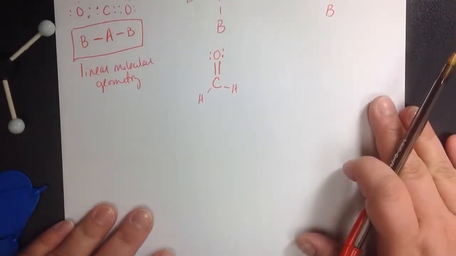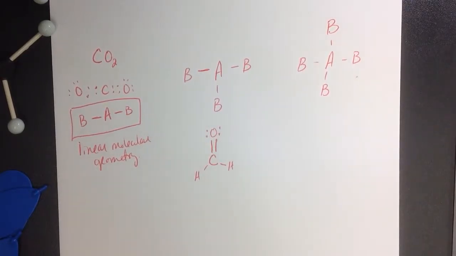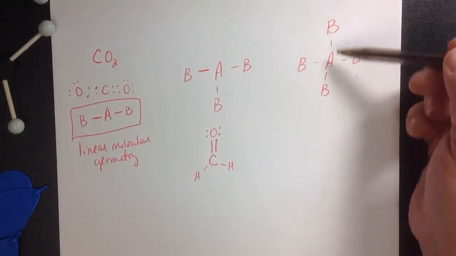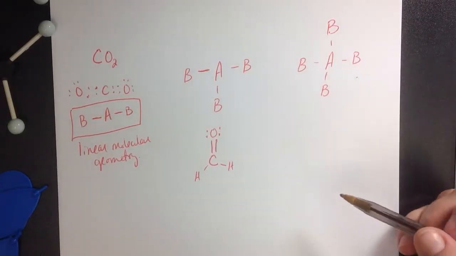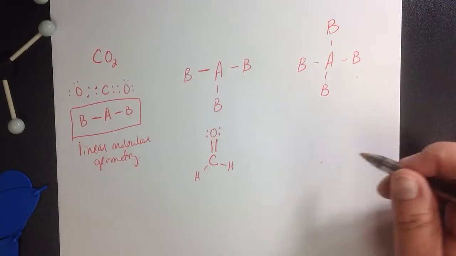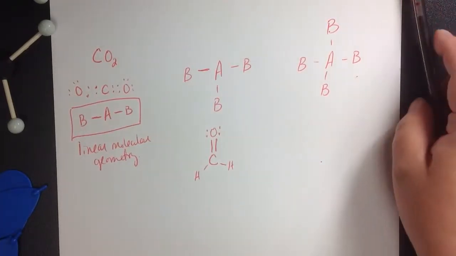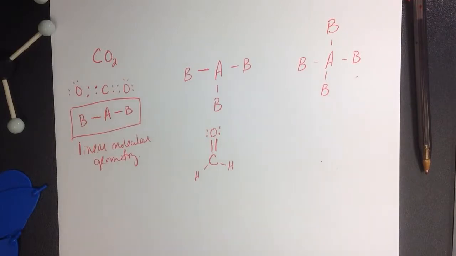So next, let's talk about this one. You would think, by looking at this on a piece of paper, that you should have an atom in the middle, top, bottom, left, right. That does not occupy 3-dimensional space, however.